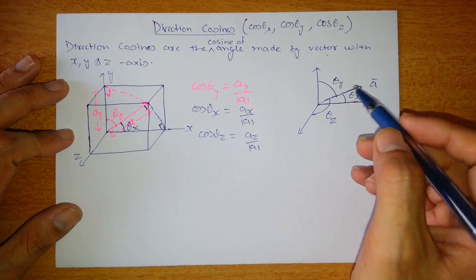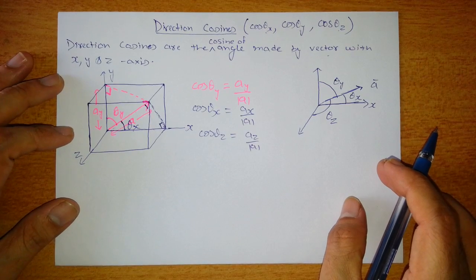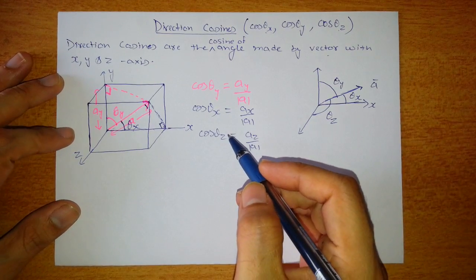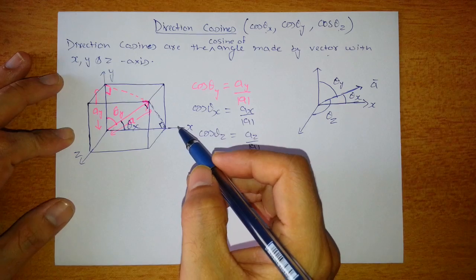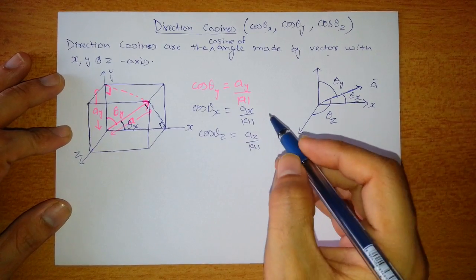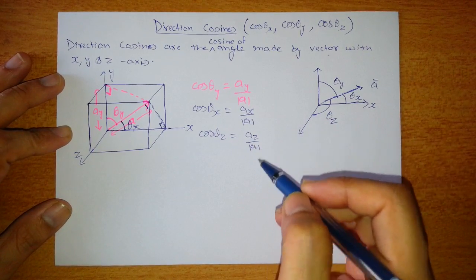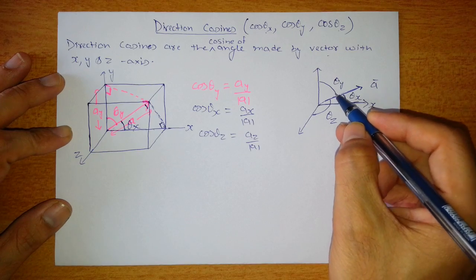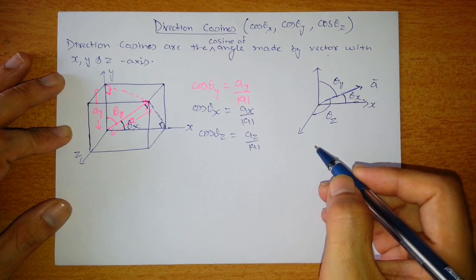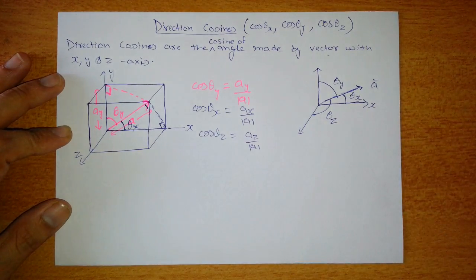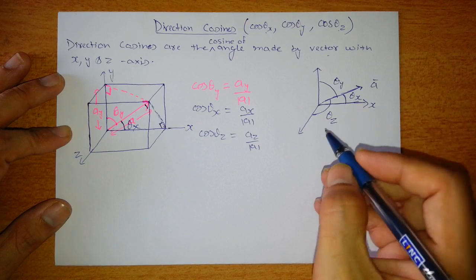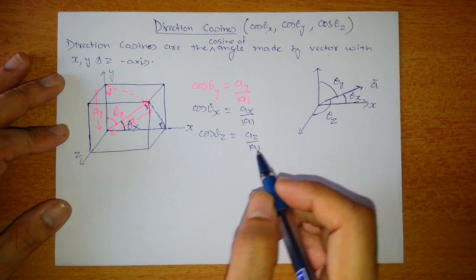It's quite difficult to visualize without a 3D picture in your brain. So these are the values we can calculate, and theta x, theta y, theta z are the angles made by the vector with the x, y, z axes respectively.